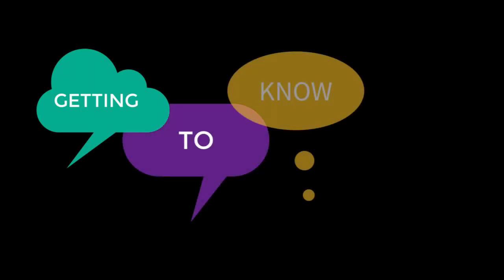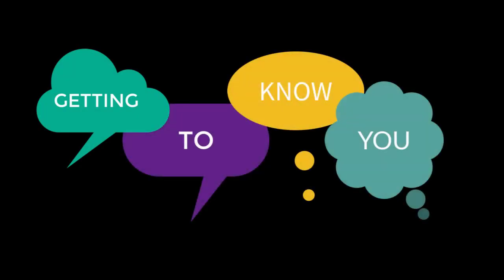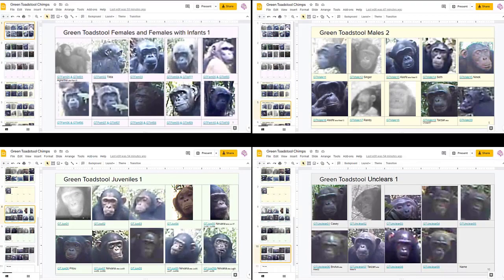The next thing you need to do is get to know the chimps at the site. There are a couple of tools that will help you do this. Volunteers maintain a collection of what we call mugshots of each chimp at a site. The mugshots show the face and head of each chimp, and they'll give you a quick way to visually compare them.